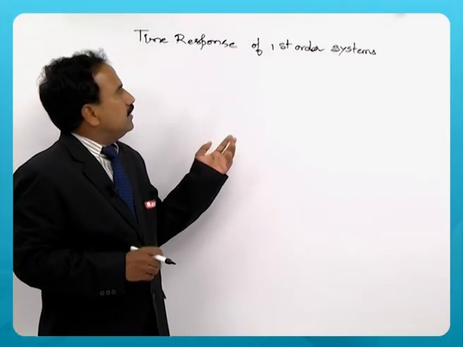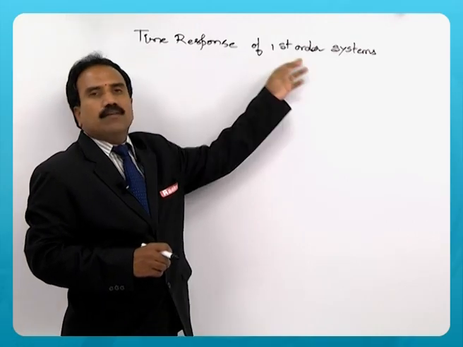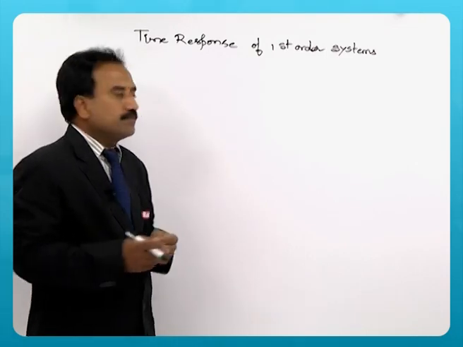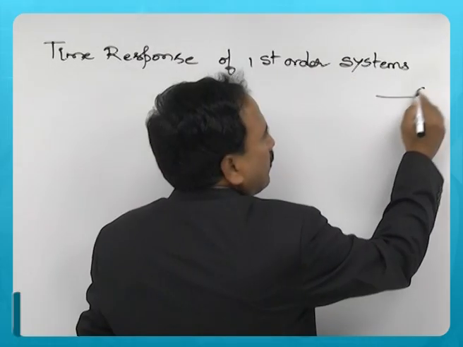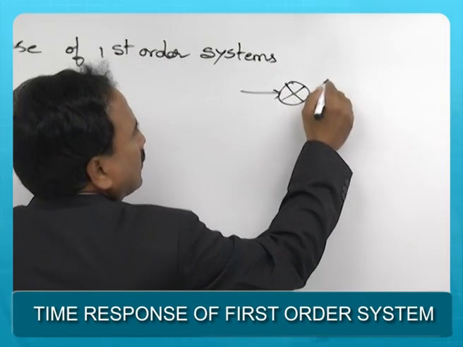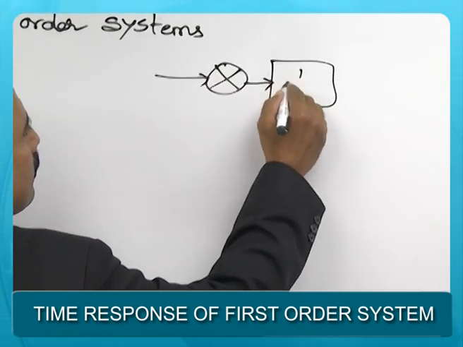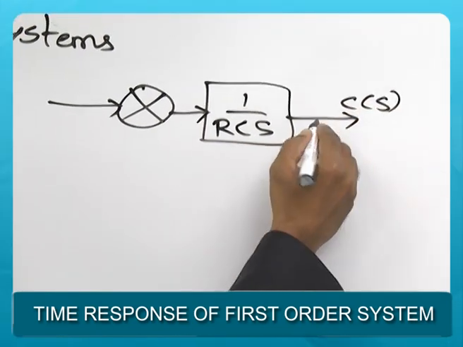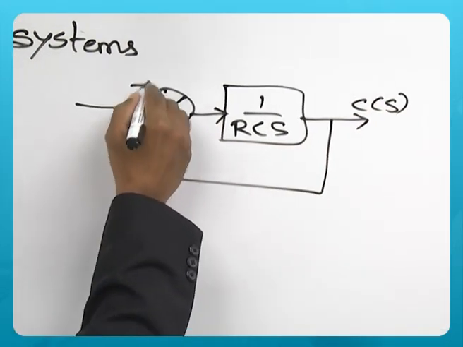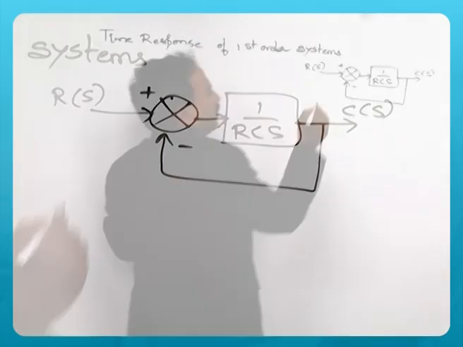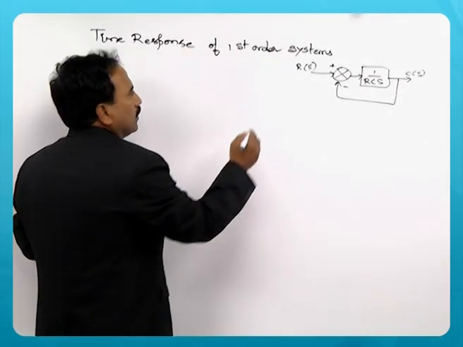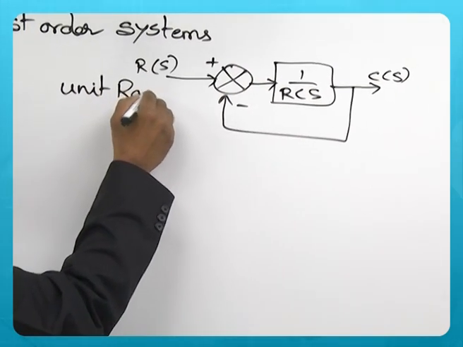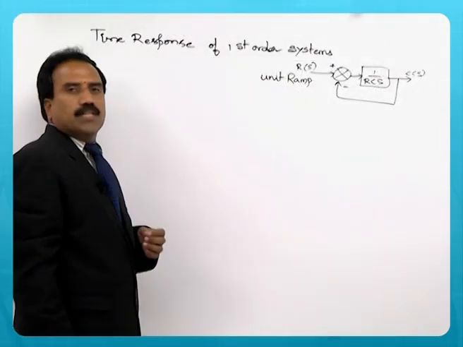Now, let us see the time response again of a first order system for unit ramp input. So, the system is the same again, no change in that, it is a first order system. But the input is changed now, this R(s) is now a unit ramp signal.